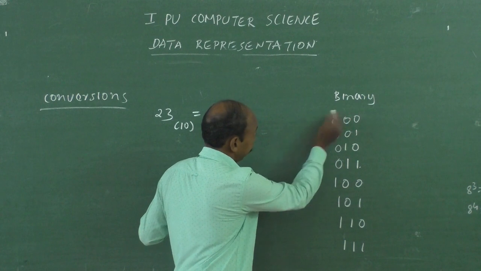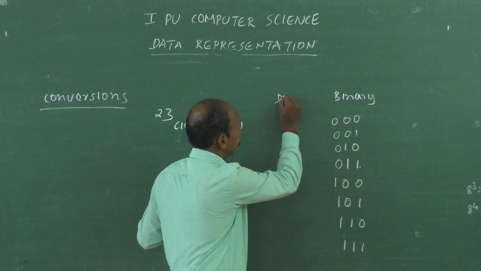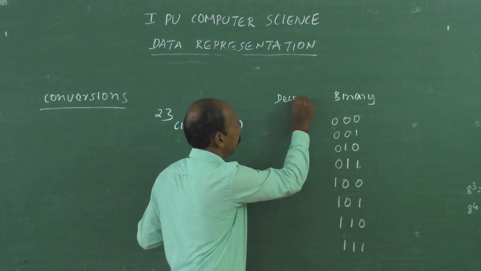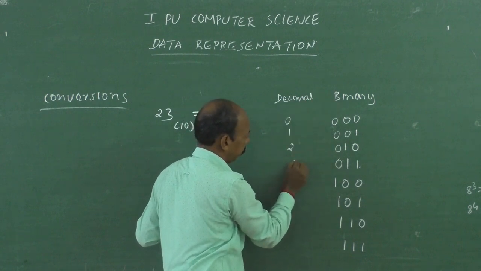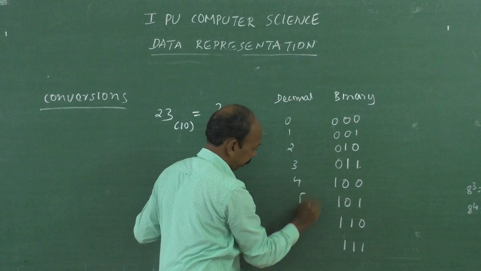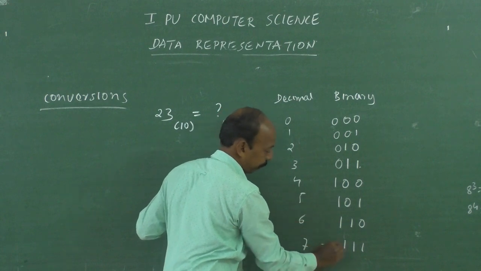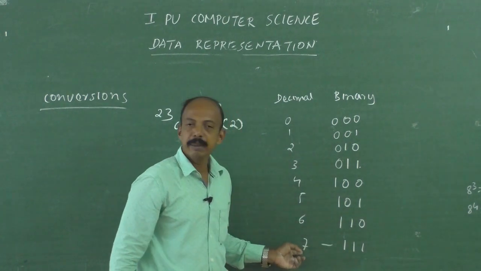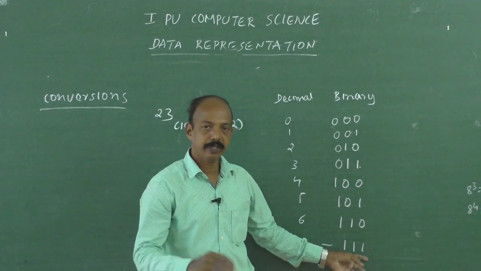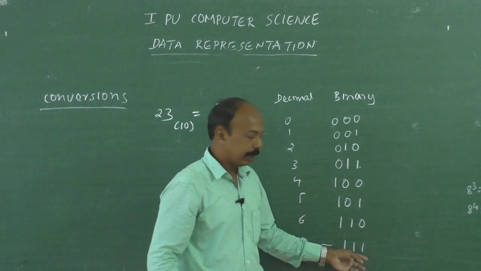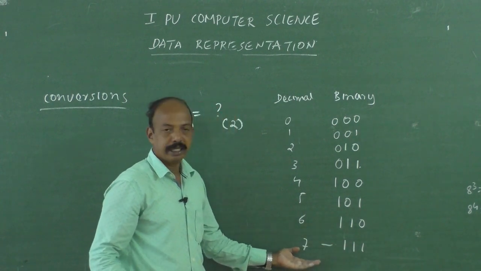Now see, this is binary. In decimal it will be 0, 1, 2, 3, 4, 5, 6 and 7. 7 in decimal is equal to 111 in binary. This is just a repetition of the last class, but some of you may have doubts in it, that's why I am repeating.